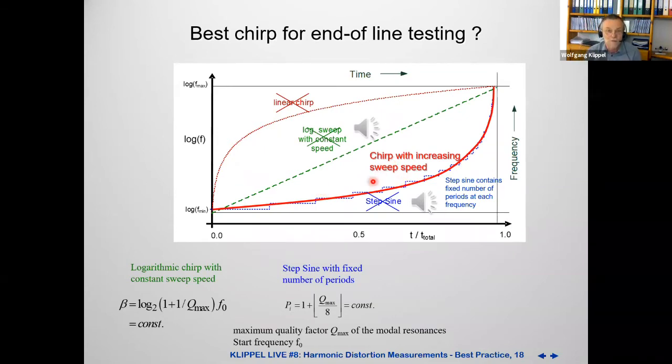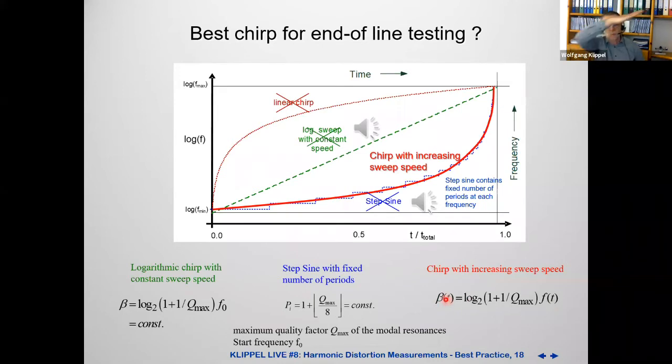So we learn from that the chirp with the increasing sweep speed is much better than a logarithmic one. That's actually the best thing we can do if we are changing the logarithmic sweep speed with time. So that's this red curve, but unfortunately, then we cannot apply Farina.